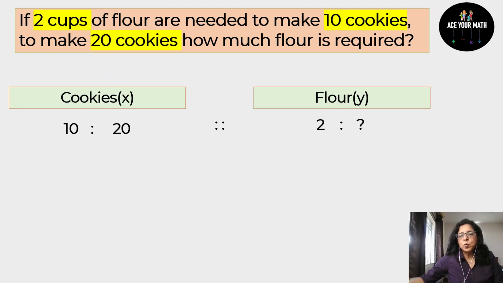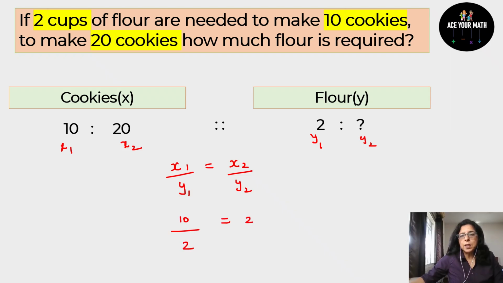In a direct proportion question, we saw that x1 upon y1 is equal to x2 upon y2. In the previous example, I showed this. So just put down the values here. What is x1? This is x1, this is x2, 2 is y1 and this is unknown, which is y2. Now put down the values: x1 is 10, y1 is 2, x2 is 20, y2 we need to find.